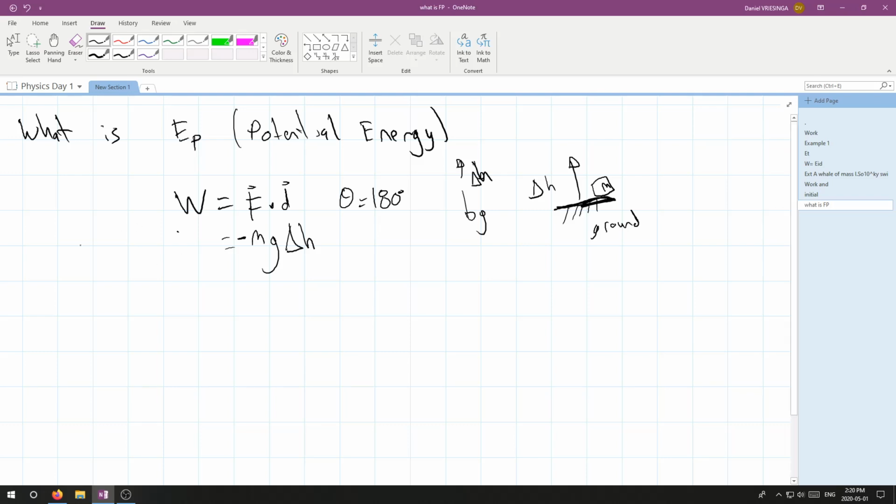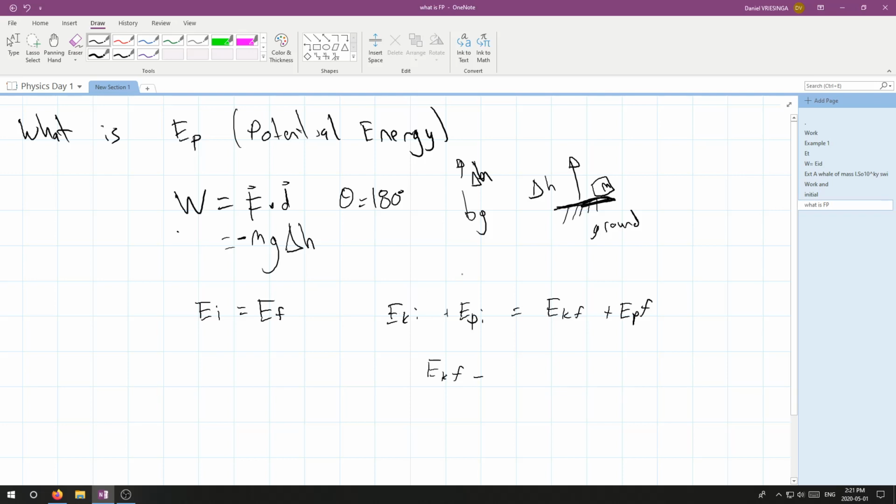And let's look at this formula that we just created back over here, which said that EI equals EF, conservation of energy. This said that EKI plus EPI equals EKF plus EPF. I'm just going to rearrange this so that I get EKF on this side.